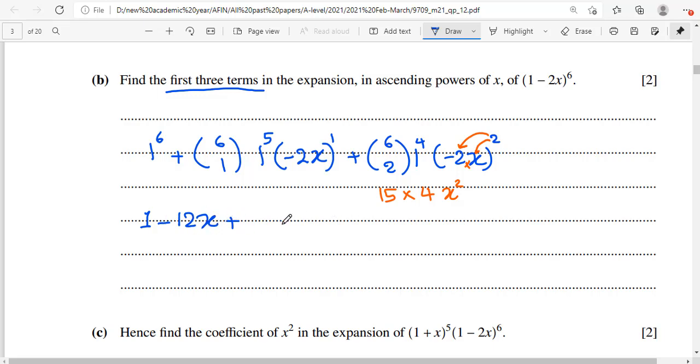Look, I write plus or minus based on the result of the numbers that I multiply them by each other. Then here I get a positive result. I write plus 60x squared. Here I got a negative result because combination from 6 to 1 is 6 times negative 2 is negative 12. These are the first three terms.